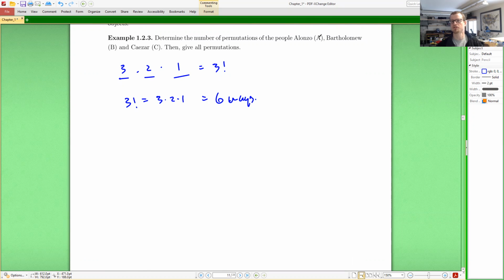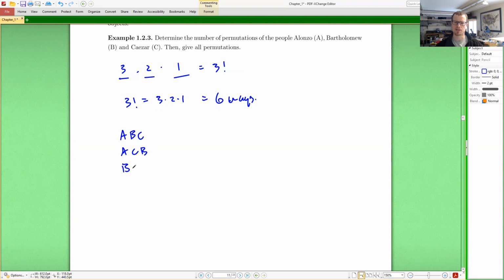Listing them just with the letters A, B, and C, we could start with exactly that, A, B, C. There's 1 ordering of the 3 people. I could also do A, C, B. Okay, let's see here.